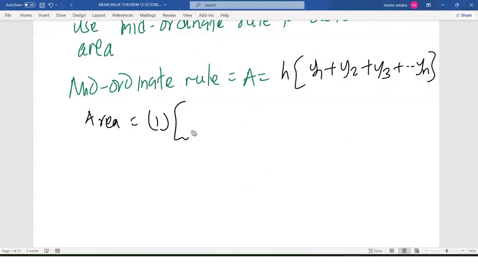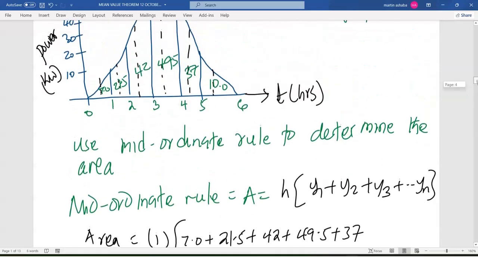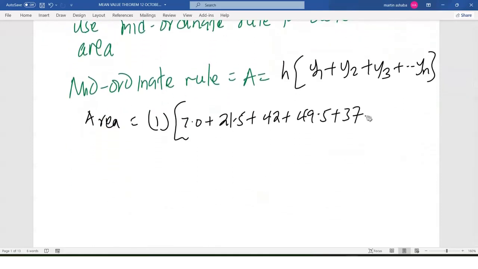So h is equal to 1, into y1, which is 7.0, plus y2, which is 21.5, plus y3, which is 42, plus 49.5, plus 37, and plus 10.0.